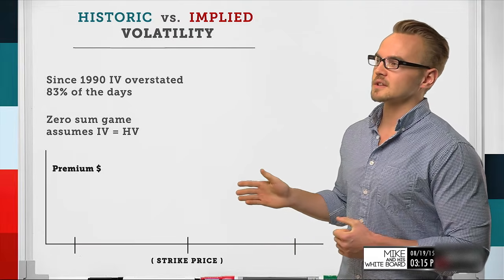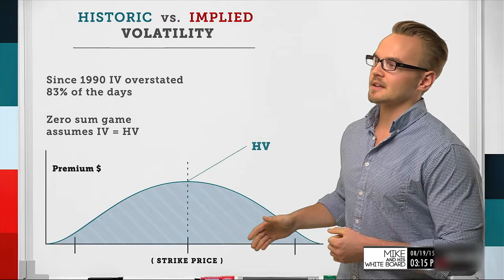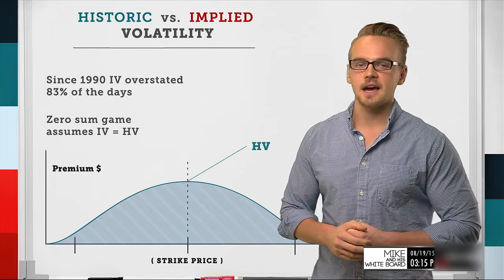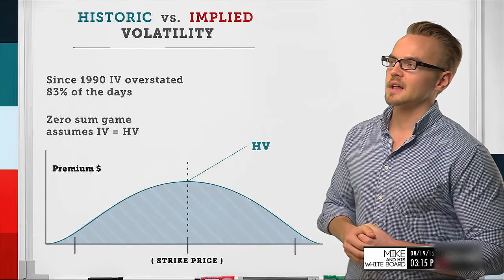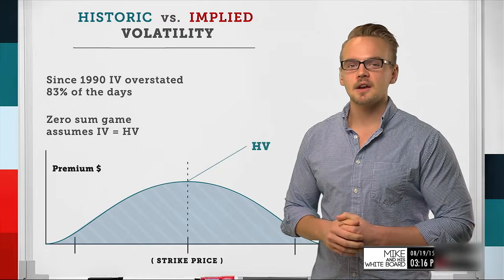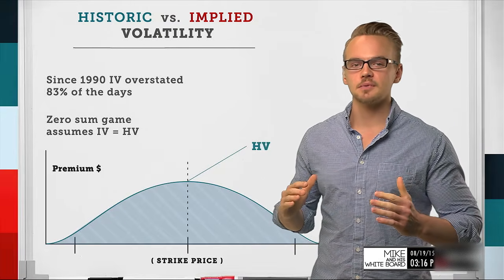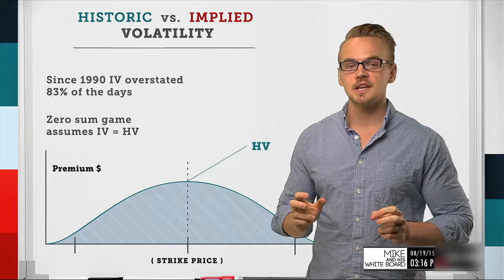So let's take a look at this graph here. We've got premium along the y-axis and the strike price along the x-axis. What I'm trying to show here is we've got historical volatility. Let's say the stock price is right in the middle there, and we've got our normal distribution of implied volatility. You'll hear on the show a lot of standard deviation talk.